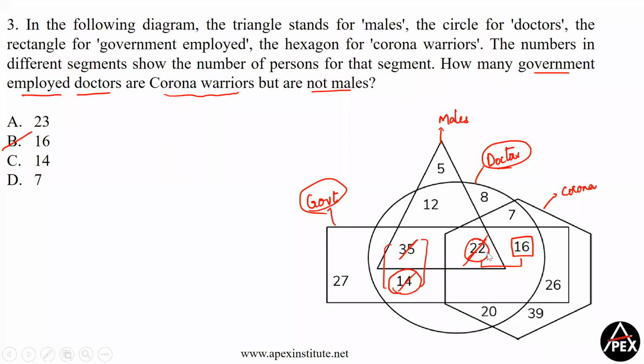Clear, guys? Any doubts? So find the region common between two parameters and find the number. And if it is given but not males, then remove that part and find the answer. So the answer should be 16. Perfect.